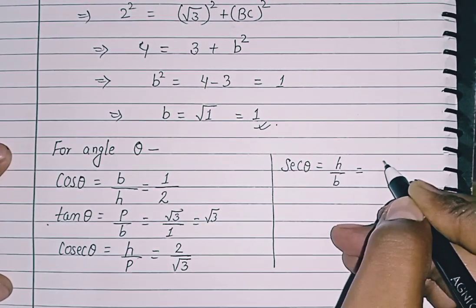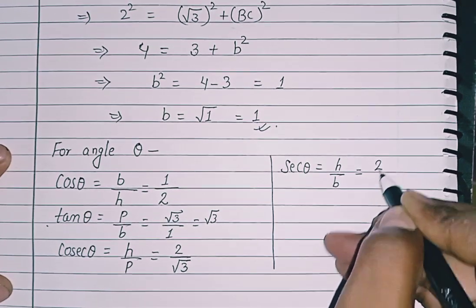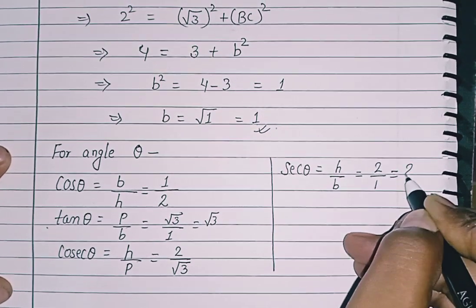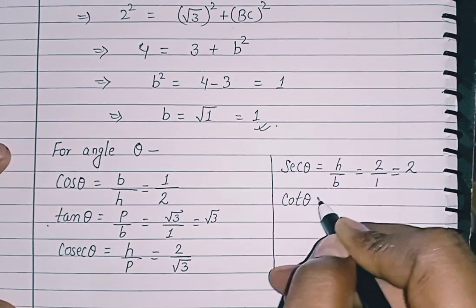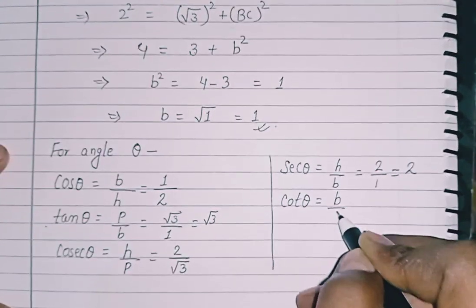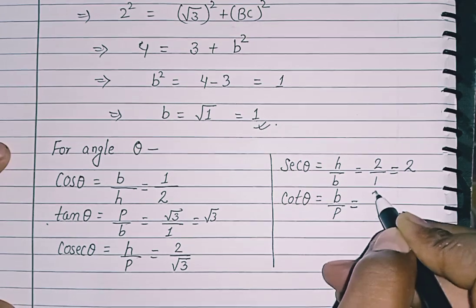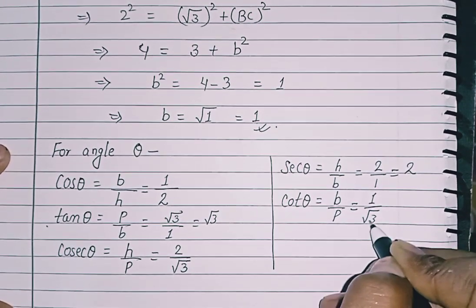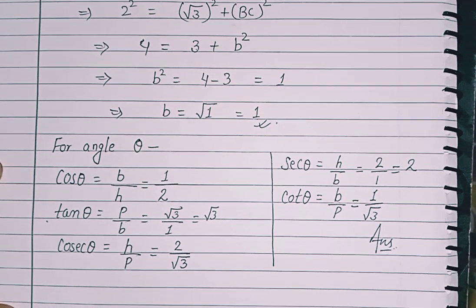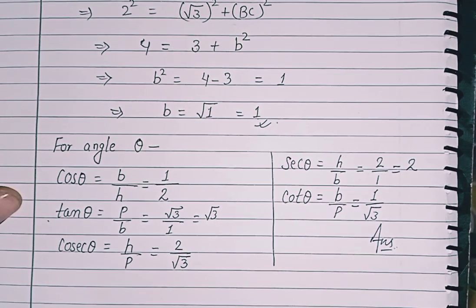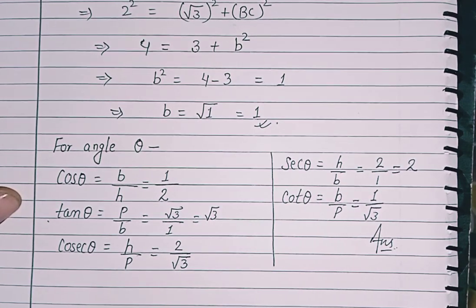Here hypotenuse is 2 and base is 1, which is also 2. And the last one is cot theta, which is the opposite of tan theta, that is B by P, that is 1 by root 3. So in this way we have to find all the other values of trigonometric ratios for an angle theta. Thank you.